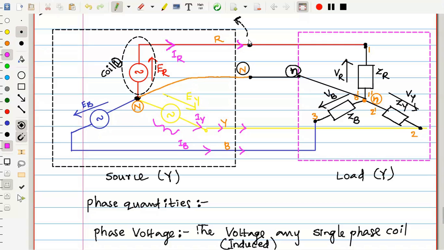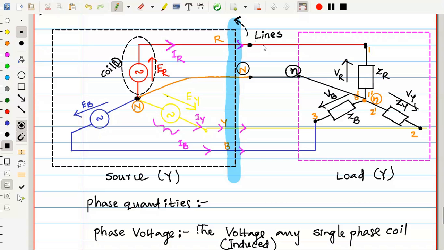But at the terminals outside of the generator, try to understand this very carefully. So this is the generator. Left side is the internal portion. Right side is the external. Now this right side external corresponding currents will be referred to generally as lines.